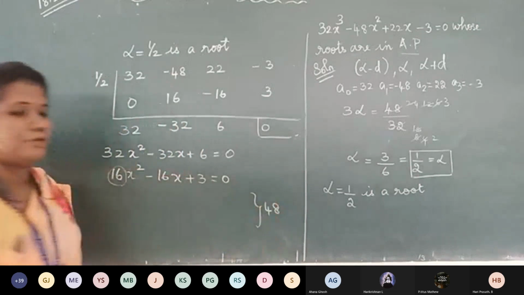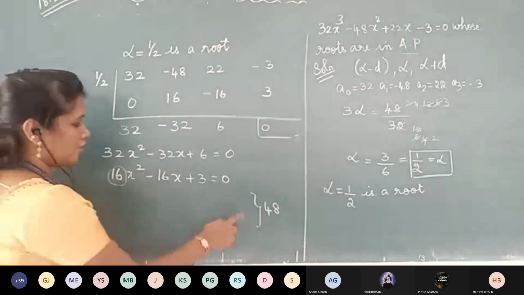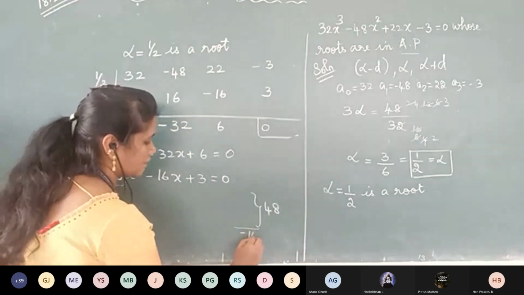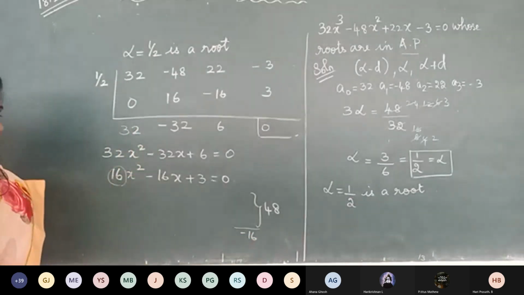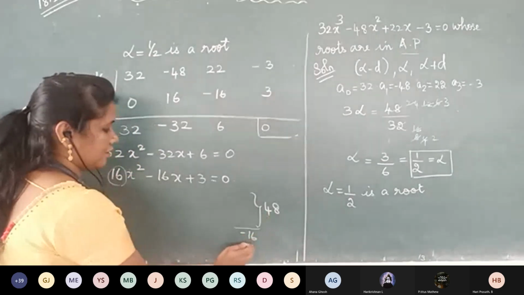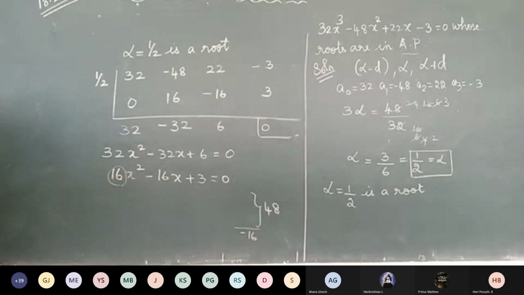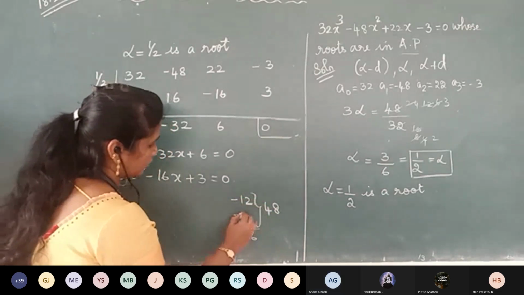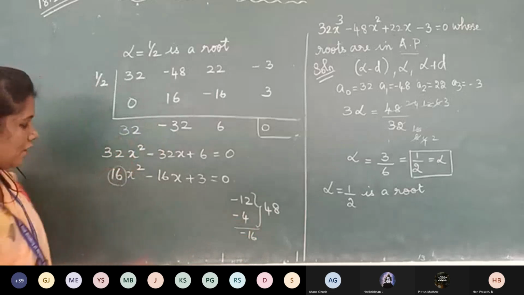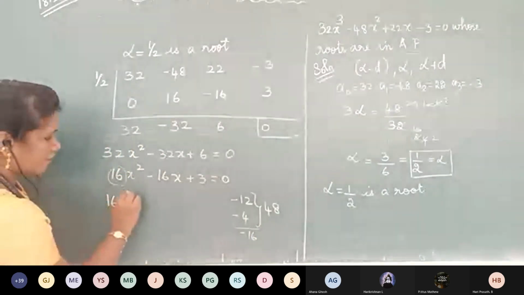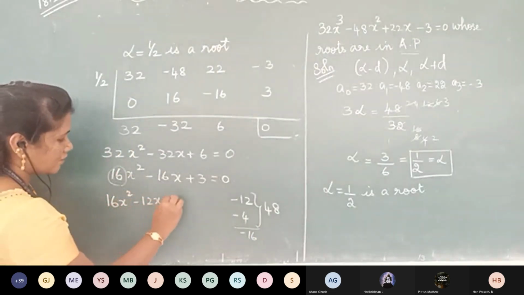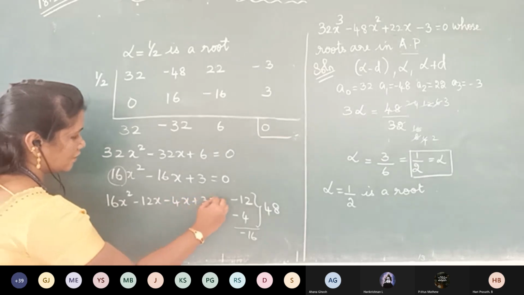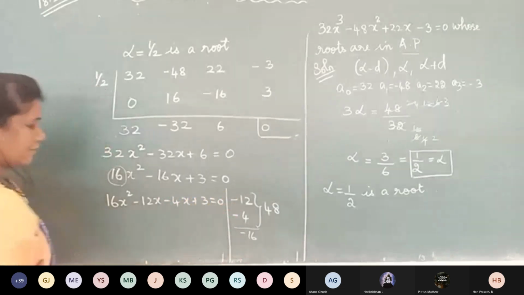Very good. You need to get 48, and when you add or subtract, you have to get minus 16. Here it is positive, here it is minus 16. So minus 12 and minus 4. Very good. So it will become 16x square minus 12x minus 4x plus 3 is equal to 0.